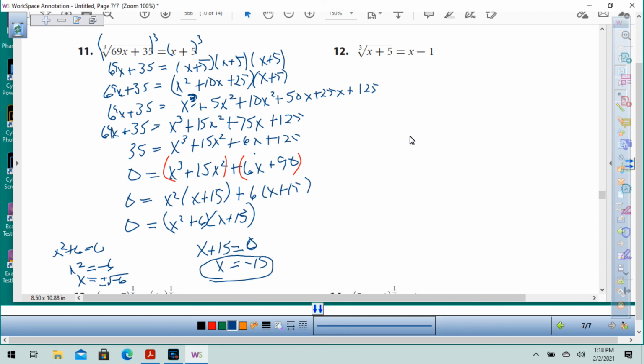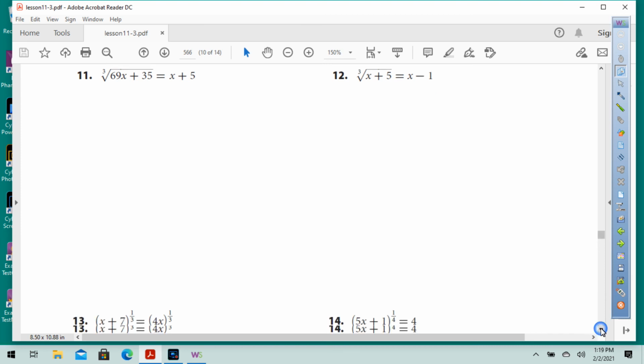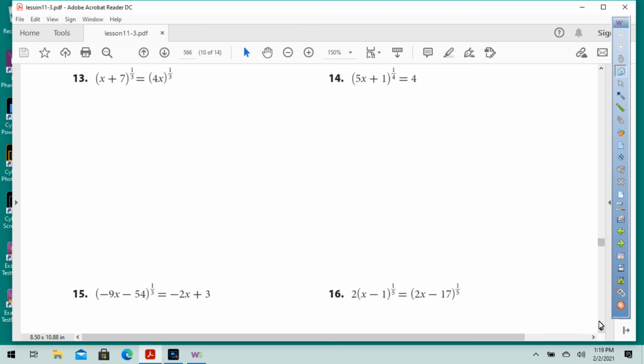I would like for y'all to try number 12 and show your work. And the solution is x equals 3. 13.